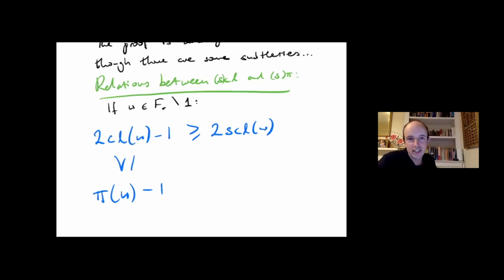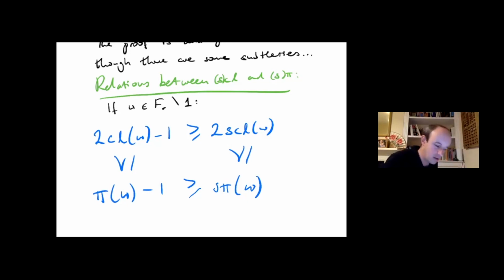Once you look at the picture like this, you hope that this stable primitivity rank that I've defined fits in down here. And indeed it turns out to be true: it's always a lower bound, both for twice the stable commutator length and also for the primitivity rank of W minus 1. I can tell you some other things.